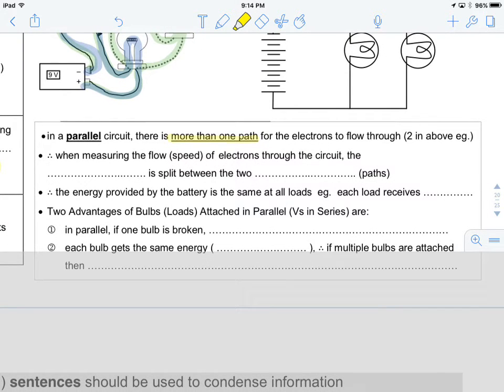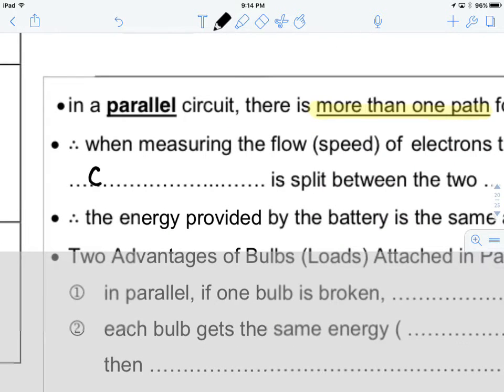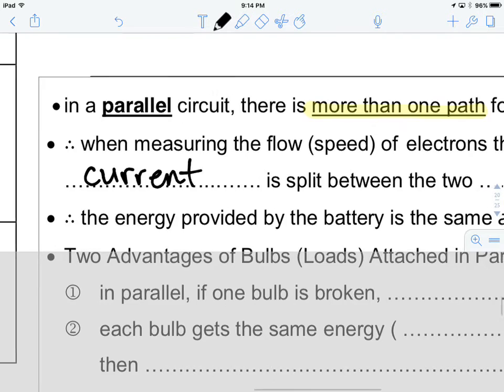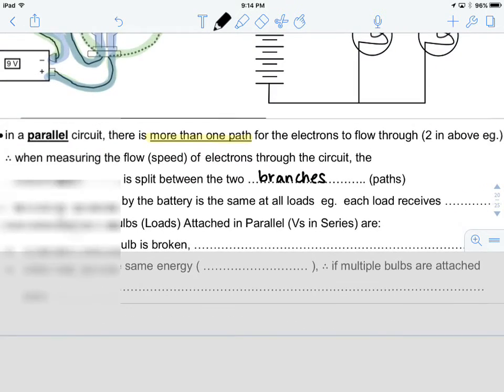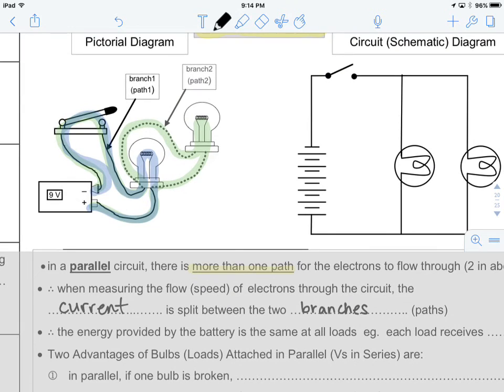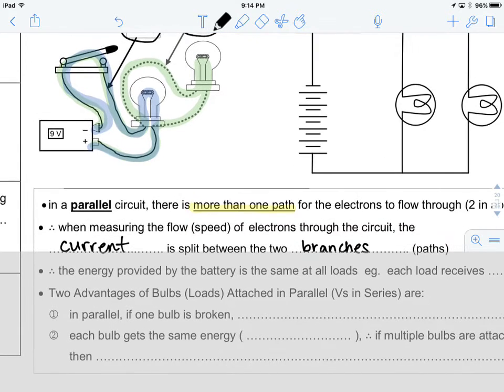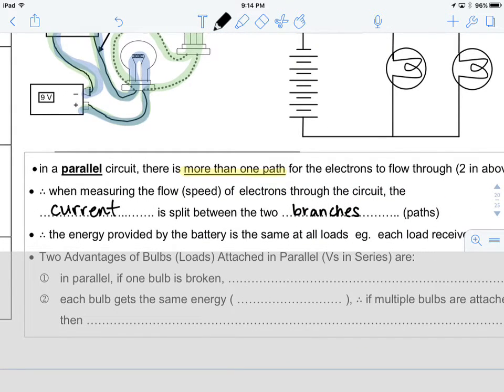And what this means then is the current, when measuring the speed or the flow of electrons, is split between the two branches. And that's what we call paths. So this would be path 1, this would be path 2, and the current is split between them because we've only got so many electrons. Some of them are going to take one path, and some of them are going to take the other path.